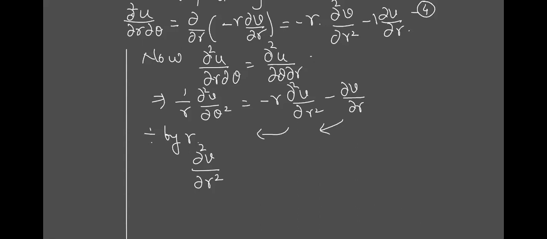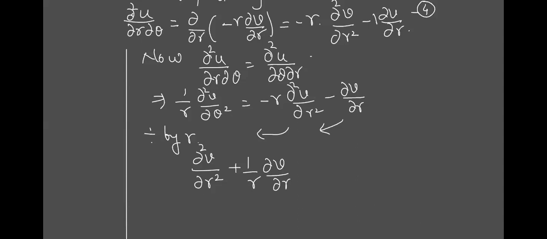Okay. For this term also, I'll divide by r. What will we get? 1 by r. And this negative term, if you shift to the LHS part, it becomes positive. Are you getting the point? I'm dividing and then shifting the term. Even for this term, I have to divide by one more r.